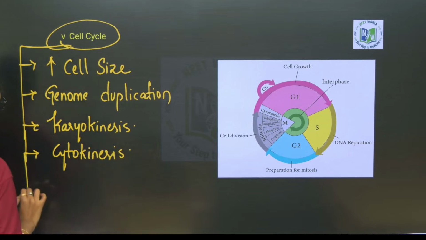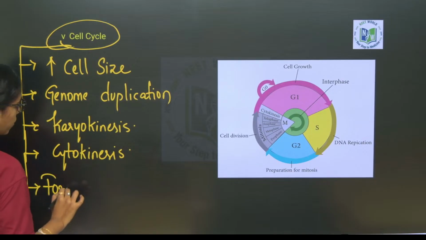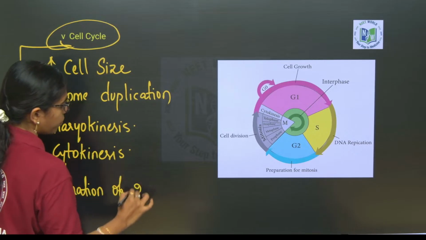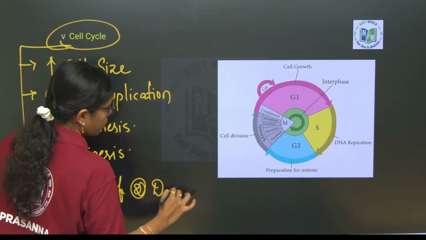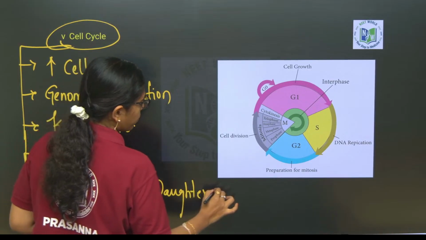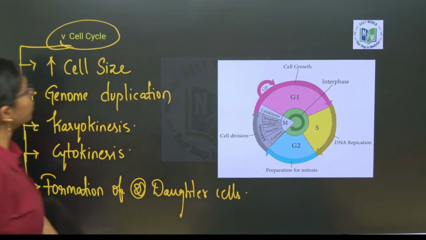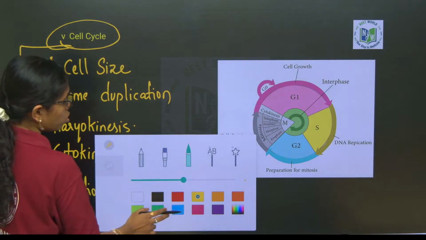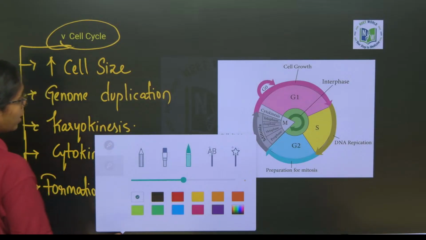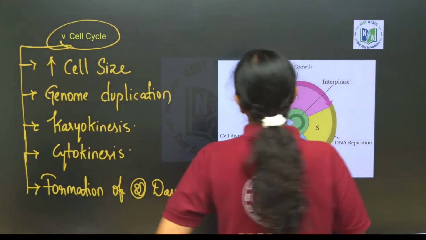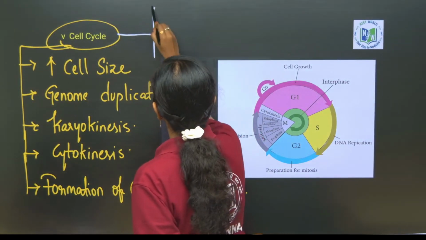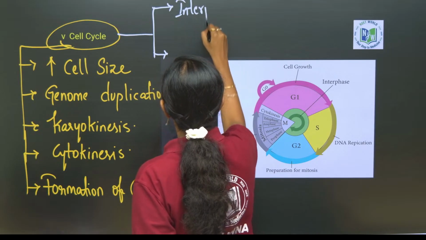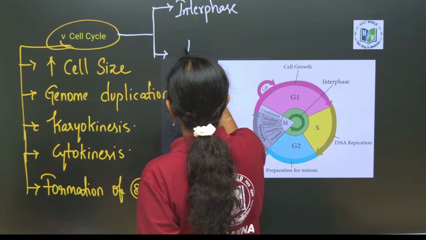Lastly, formation of two daughter cells. This complete sequential events comes under what? Cell cycle. So, cell cycle includes two major phases under it. What are the two major phases of cell cycle? Interphase and M phase.